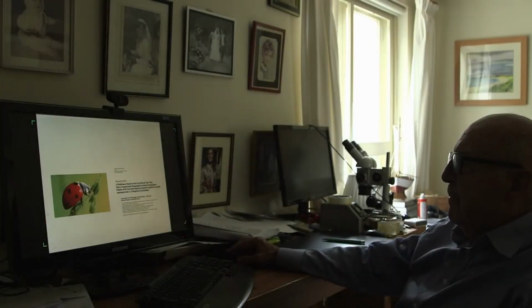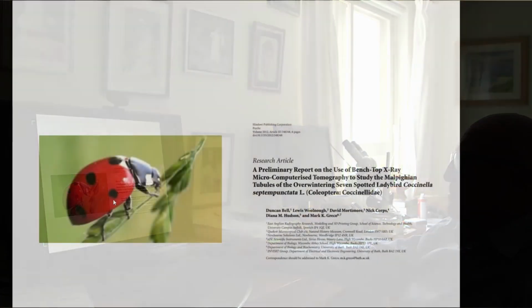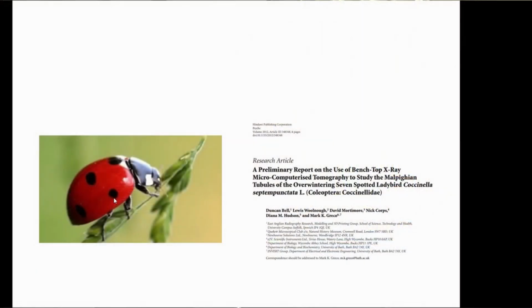One of the first insects we looked at was the seven-spotted ladybird. We did a study with a great friend of mine who sadly died many years ago, Louis Woolnough, who was a superb microscopist.